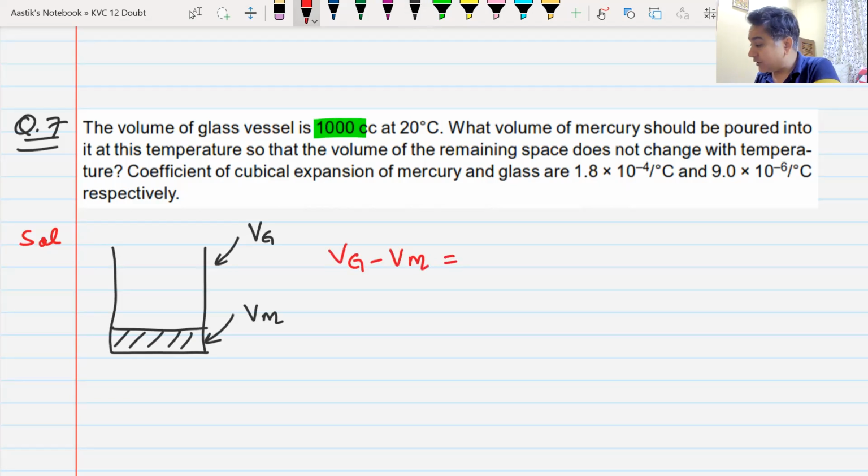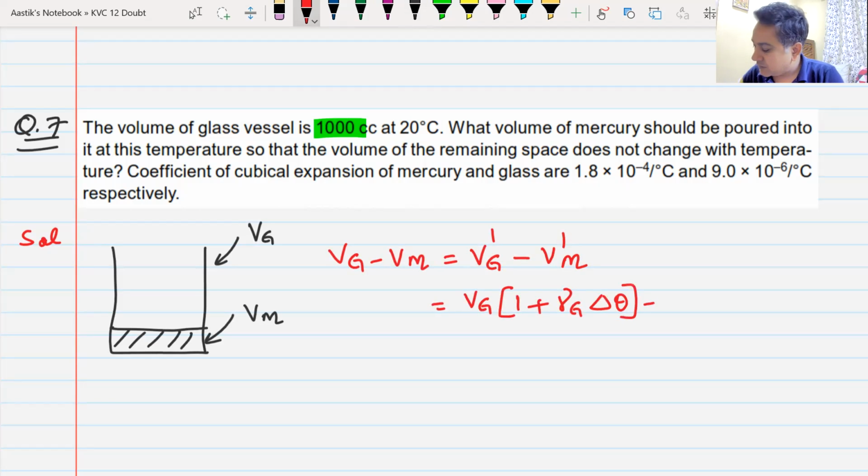Yes, sir. Now, that should remain the same at all temperatures. That means it must be the same as V'g minus V'm, where V'g and V'm are the volumes when the temperature is increased or decreased. Do we understand this? That's it, my dear friend. Then we put V'g as Vg into (1 plus gamma g delta theta) minus Vm into (1 plus gamma m delta theta).